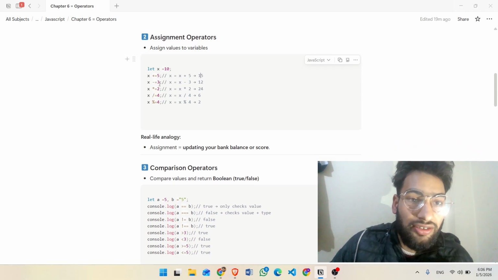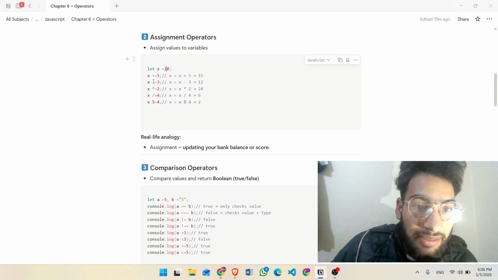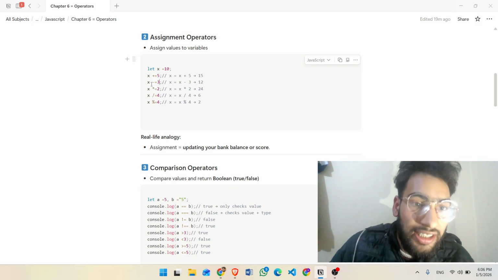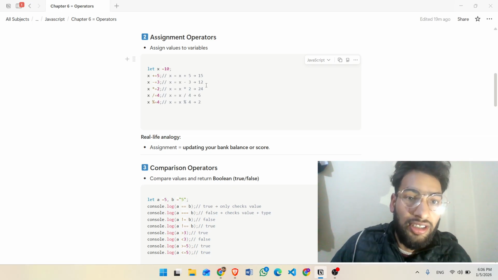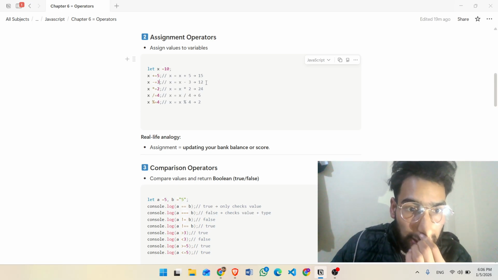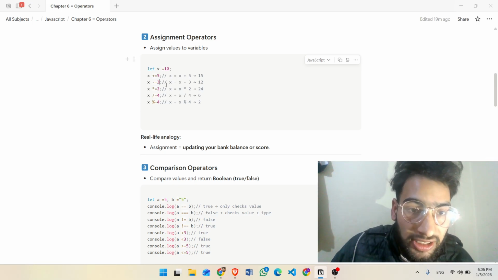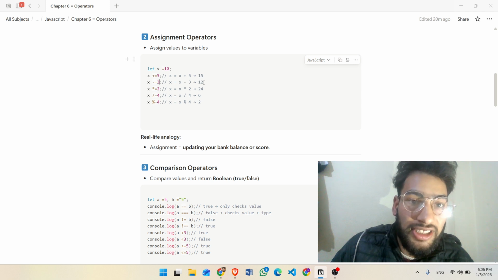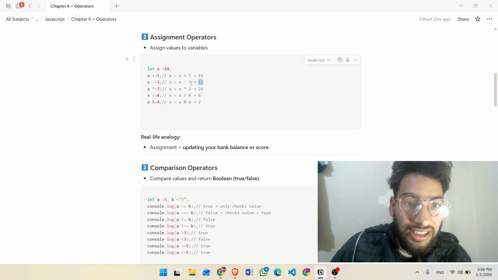X minus equals 3 means 10 minus 3. I think there is a mistake here, because 10 minus 3 should become 7.